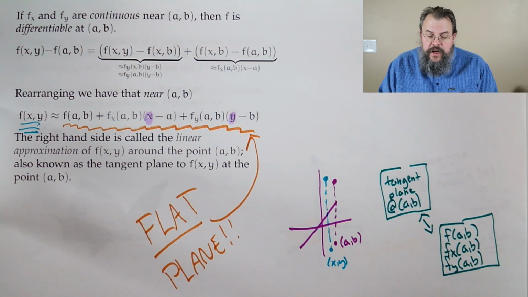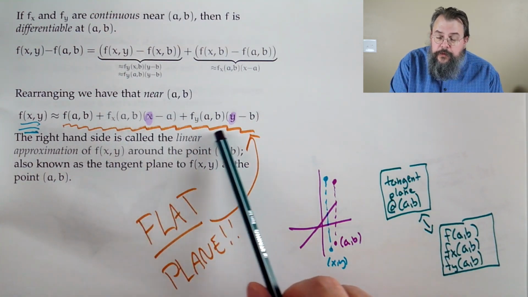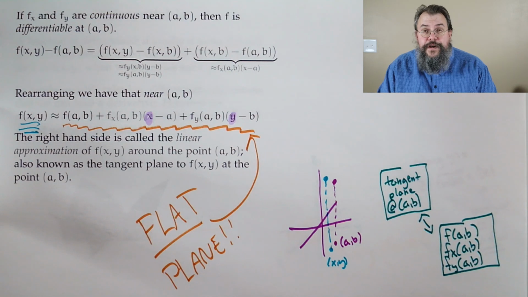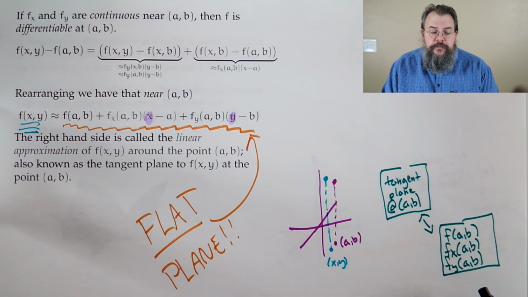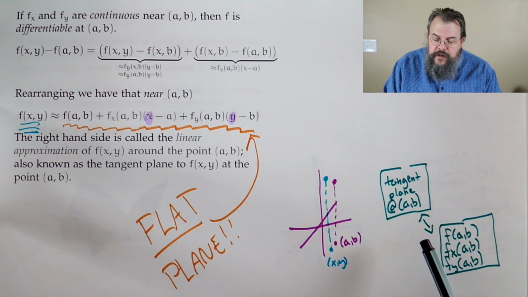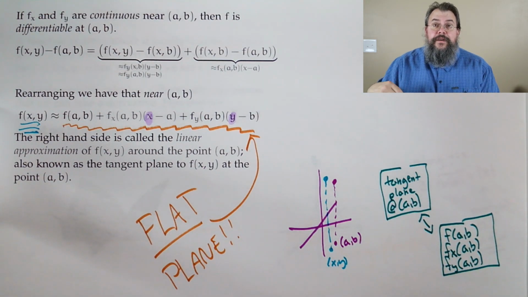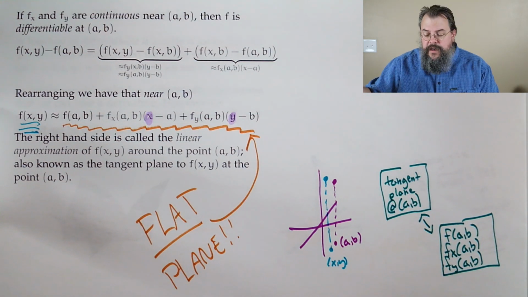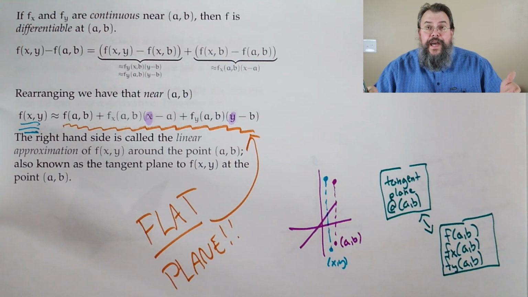Now, in one direction, it's not so bad, right? Because if we have this information, we can write down our formula for our plane. Life is good. Well, how do you go from a tangent plane to get this information? Well, we say, look, write it as z equals something times x plus something times y plus a number. Now, if you want to know the function at (a, b), plug in a and b, and that gives you the value.